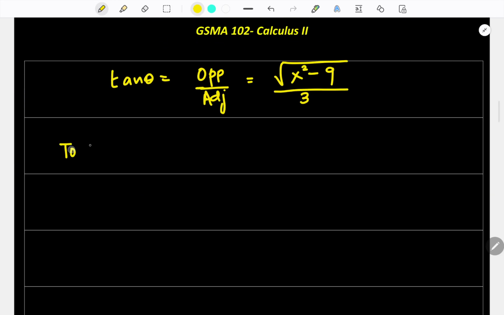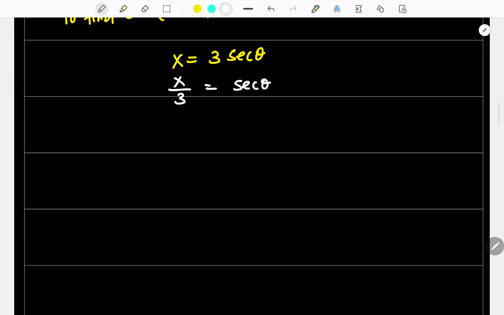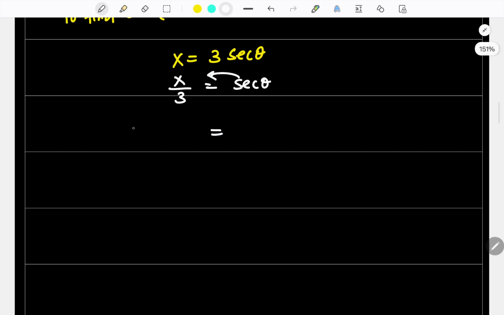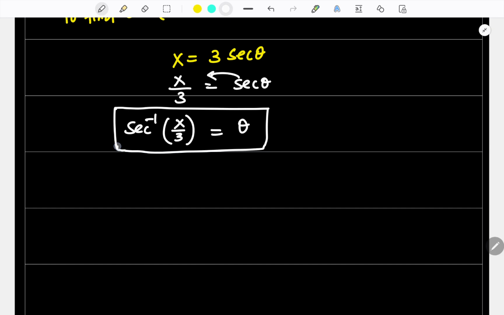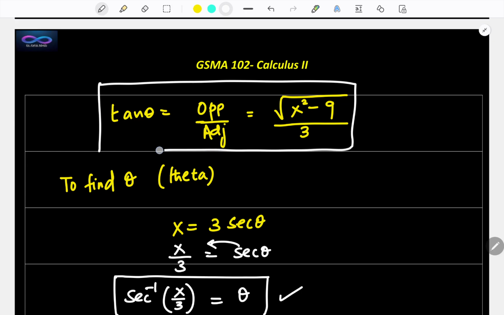So to find theta, the equation is x equals 3 secant theta, so x by 3 is equal to secant theta. I want theta from this, so secant will go as inverse. Secant inverse x by 3 is equal to theta. So we got theta and we got tan theta also.